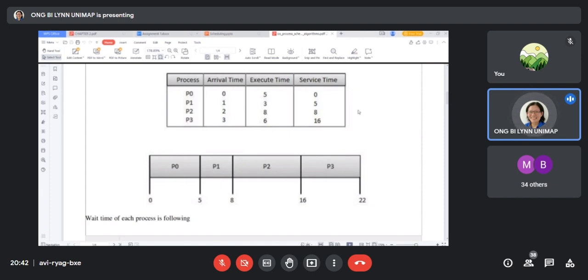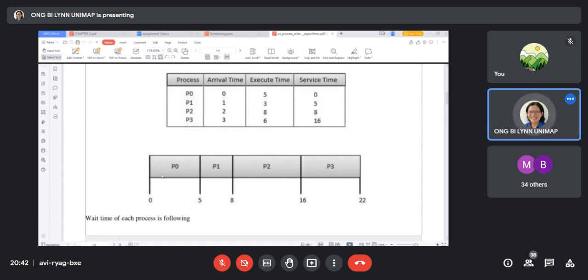So you don't care about this one first. This one is the end time. Later you are going to get it from your Gantt chart. So at 0 seconds, only P naught, so it runs P naught 5 units. At 1 second, P1 comes in, but P1 cannot be executed because P naught is inside the queue.